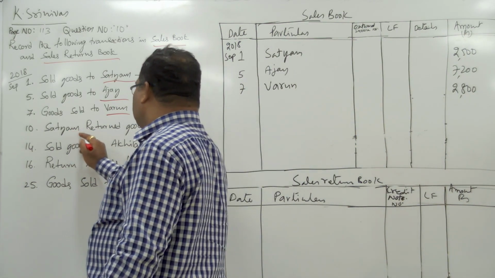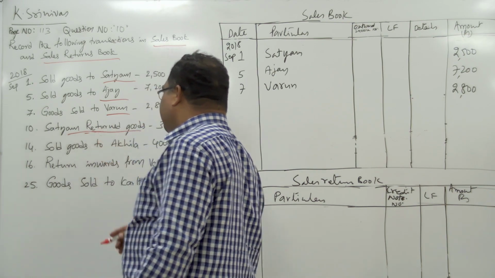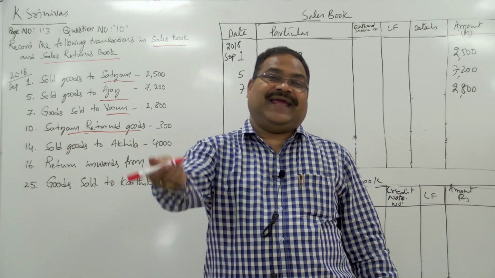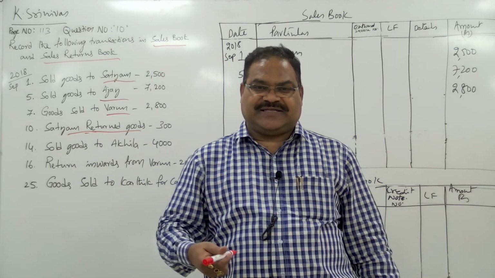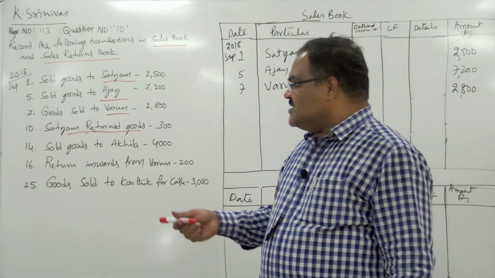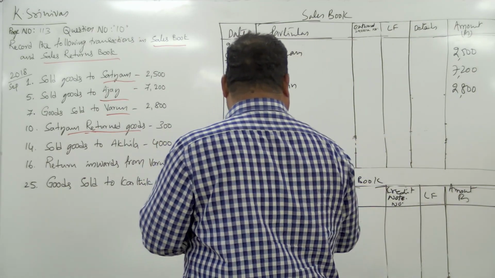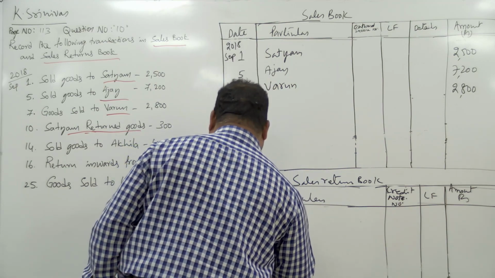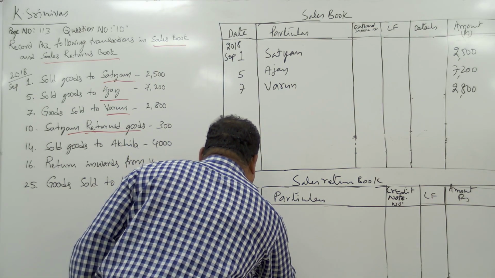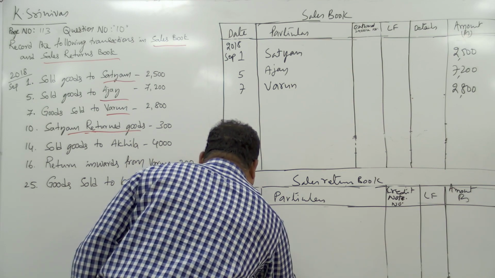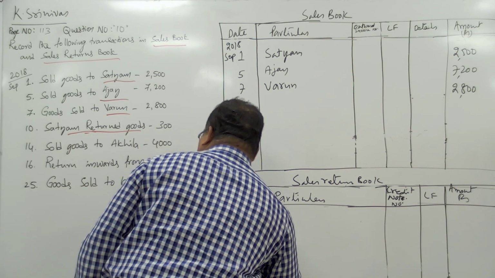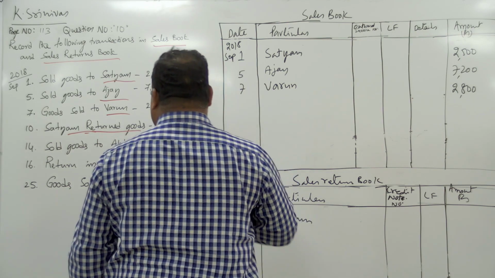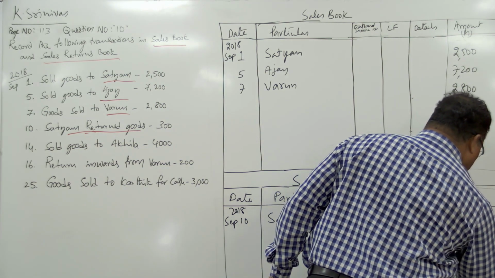Satyam returned goods. We sold previously, now he has returned. It is very simple. It should be taken in the sales returns book. Already we have got the pro forma here. Sales returns book, Satyam, 2018 September, date is 10th, Satyam, rupees 300.